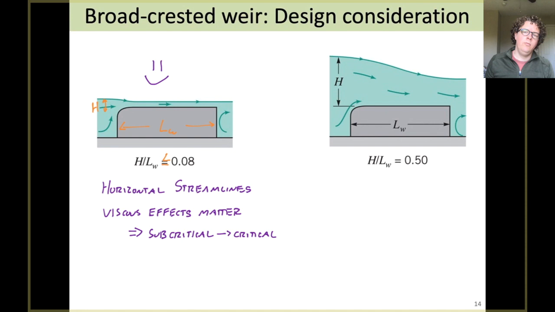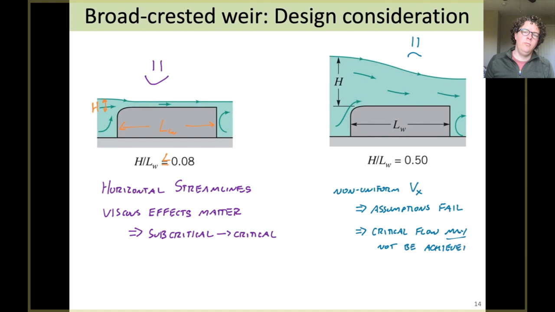On the other hand, on the right-hand side of the screen, with our sad face, if you design a weir that is too short, so if it's not long enough in the direction of flow, or if it's got too much depth of water upstream, you don't meet those assumptions.